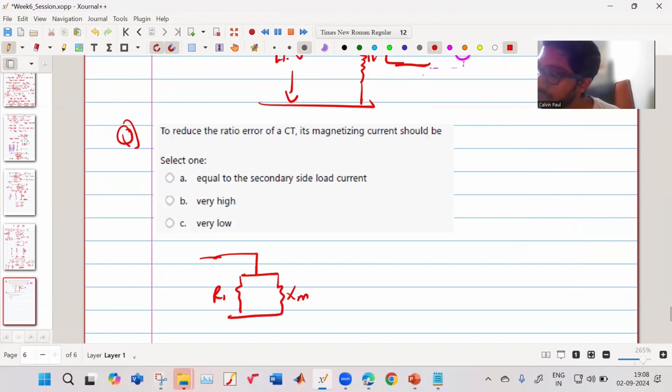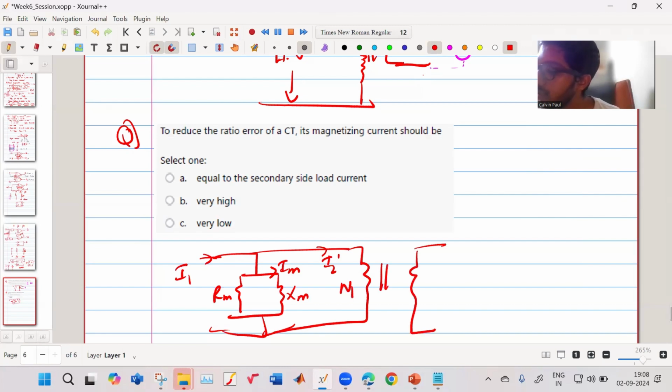this is the XM, this is the RM, this is the magnetizing current, this is your I1, this is your I2 prime, this is your N1, this is your N2, and this is your I2. So you want this current IM to be zero.